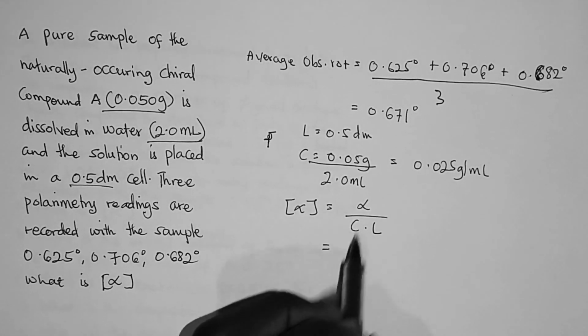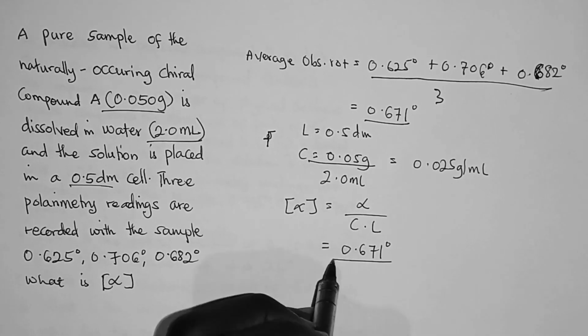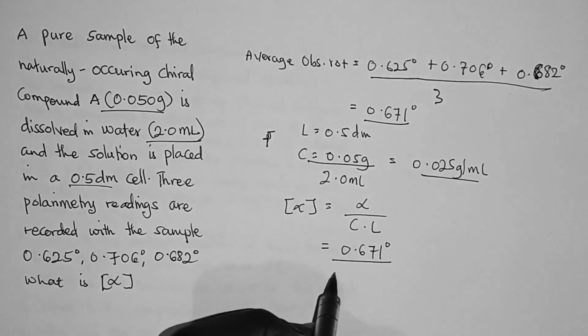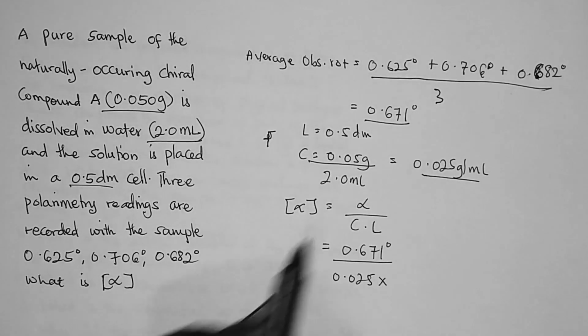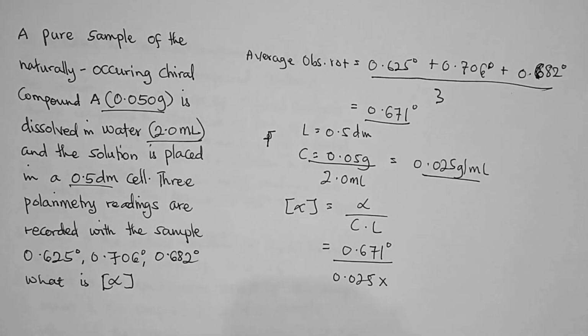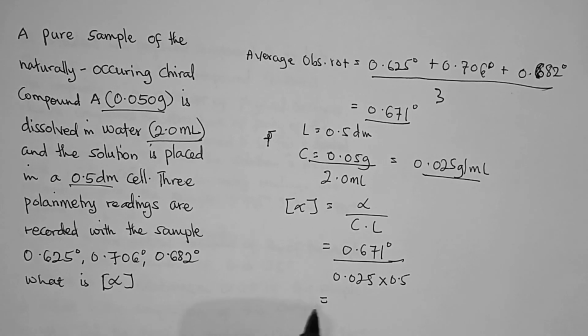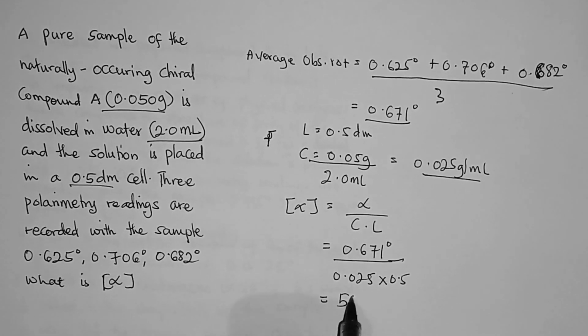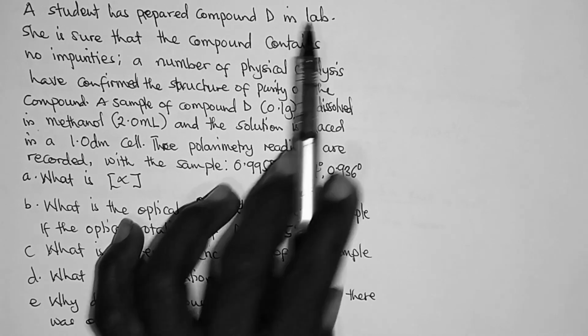And the observed rotation is what we calculated here, 0.671 degrees divided by the concentration, 0.025, times the path length. And the path length was given as 0.5 decimeters. And all of this is equal to 53.68 degrees.